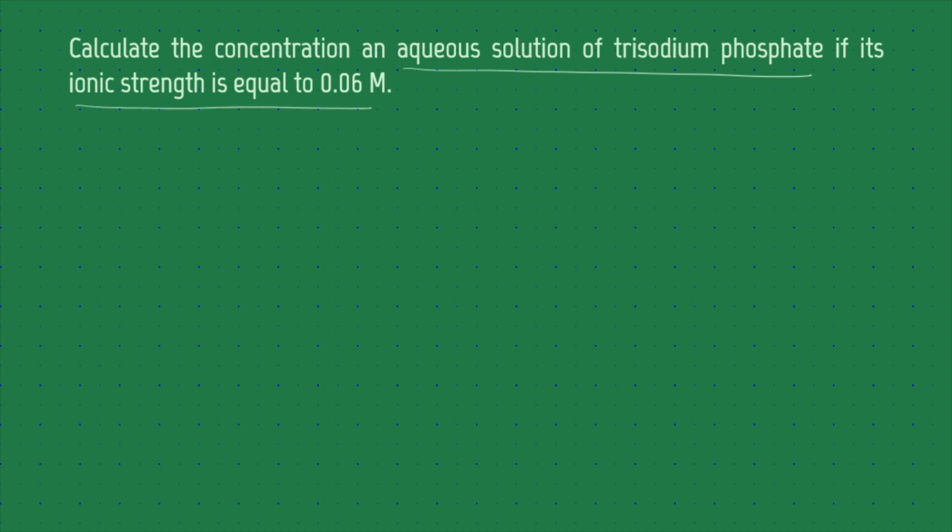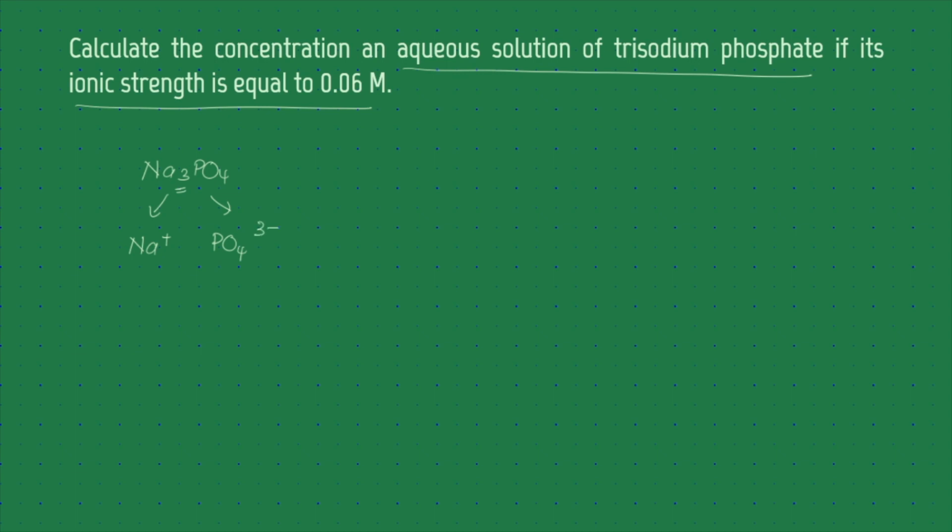So the trisodium phosphate, from here you need to make it into its ionic form. So you know your sodium is Na+. Since you need 3 of this, you know your phosphate is actually 3 negative.